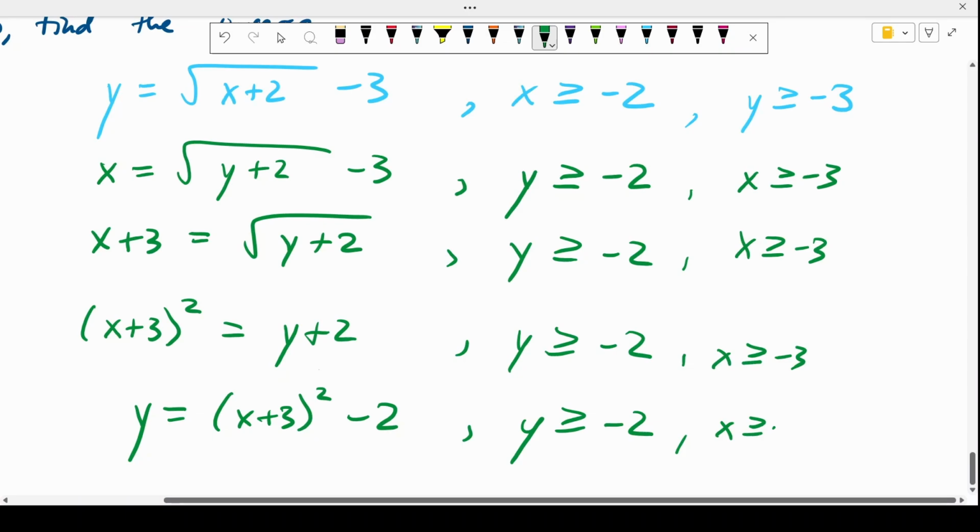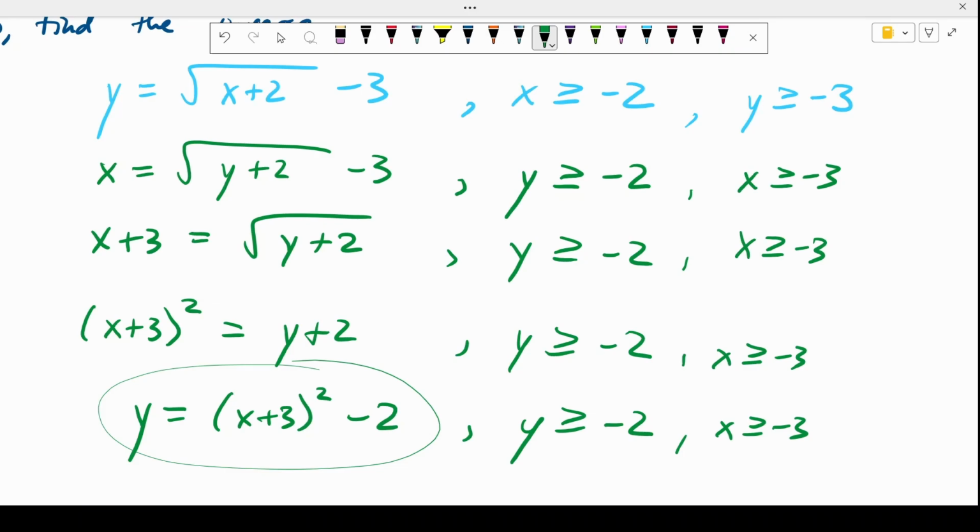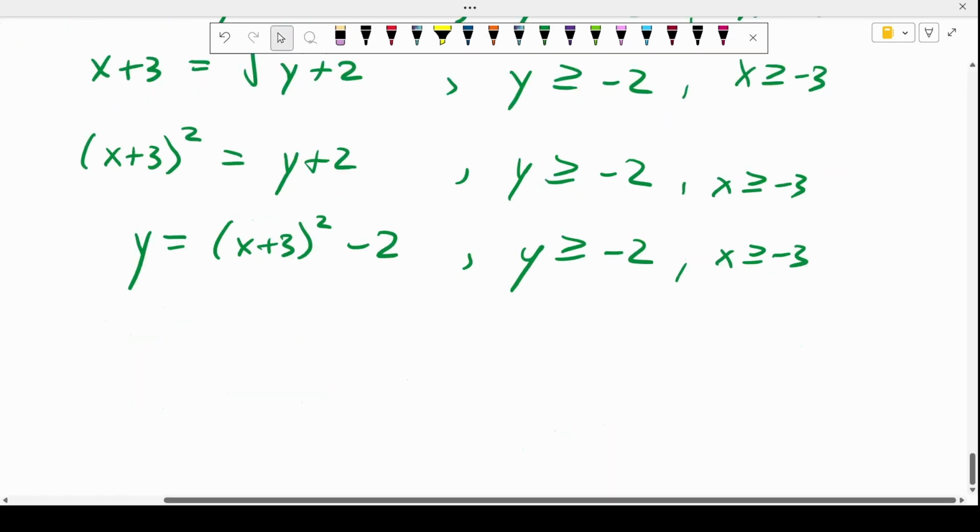Now, look at this parabola. Where is its vertex? Its vertex is at negative 3, negative 2. Why negative 3? Because we take the number that is subtracted from x. It's a negative 3 that is subtracted from x, so it's a negative 3 here, and we have a negative 2 here. This is the vertex.